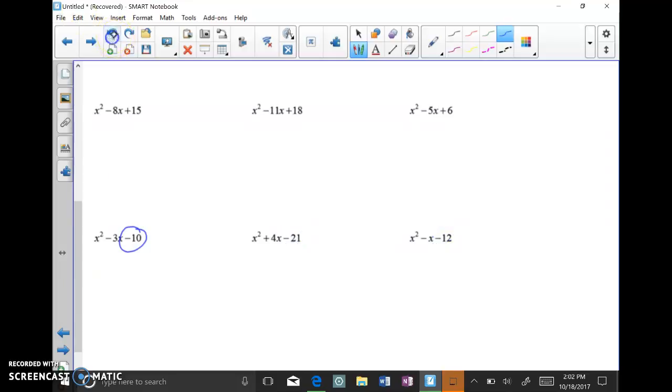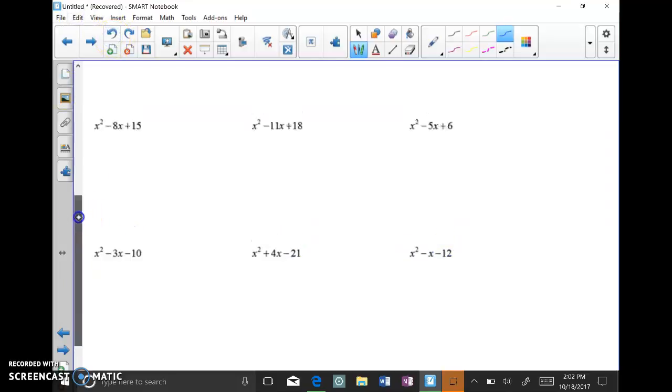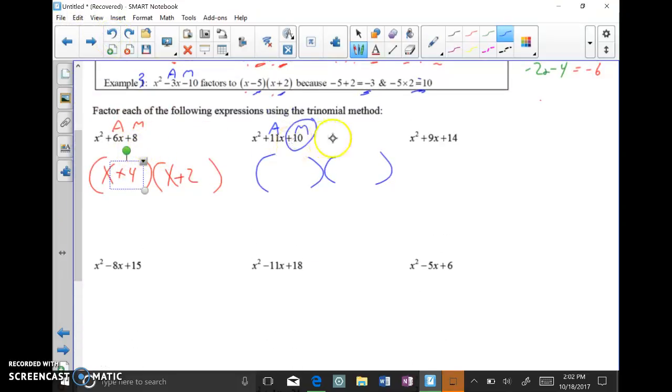But if they multiply to positive, they've got to be the same sign. So let me write that. If c is positive, that means the same sign.